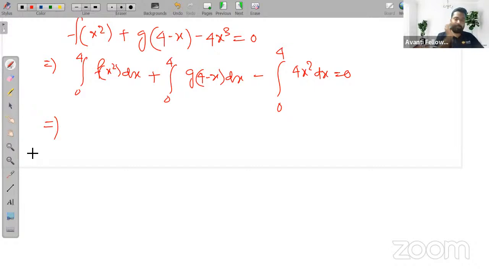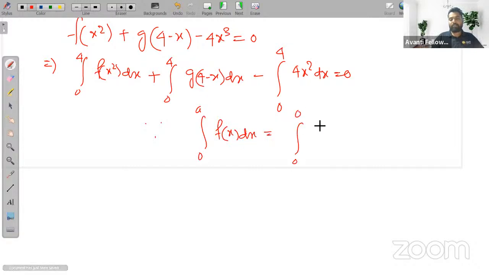We know one property. What is that? Since we know integration 0 to a f of x dx is equal to integration 0 to a f of a minus x dx. If we use this property in the middle term of the above integration, what will you get?